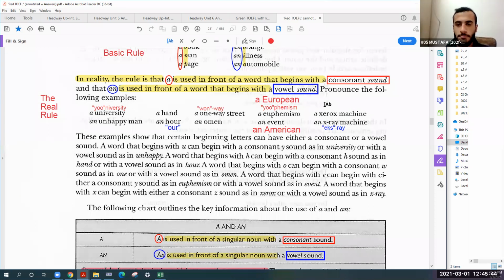European. Why is that? It has another meaning. Think about it. You can Google it later. All right, so let's move on.